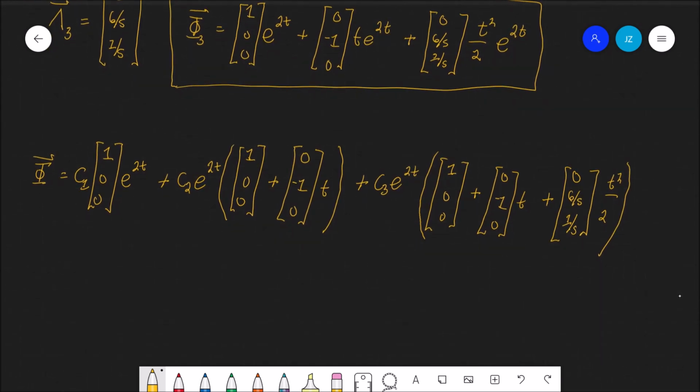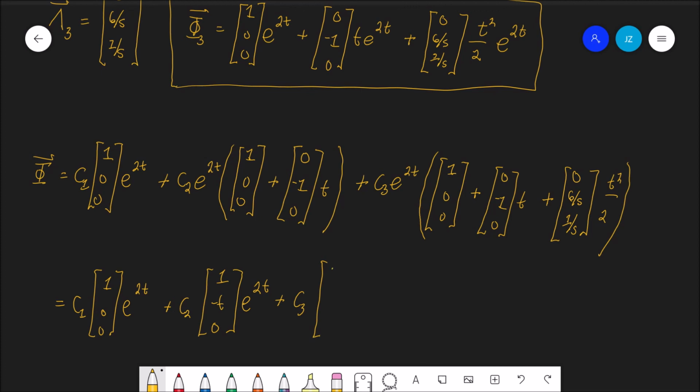And this could be simplified if we wanted, so we could actually write this as C1 (1, 0, 0) e to the 2t plus C2 times (1, negative t, 0) e to the 2t plus C3 times (1, negative t plus 3t squared over 5, and then t squared over 10) e to the 2t.